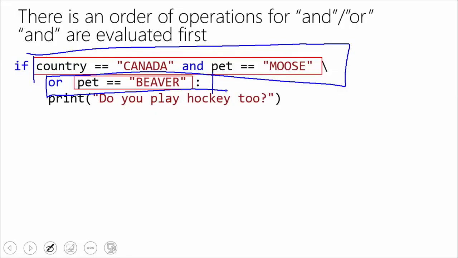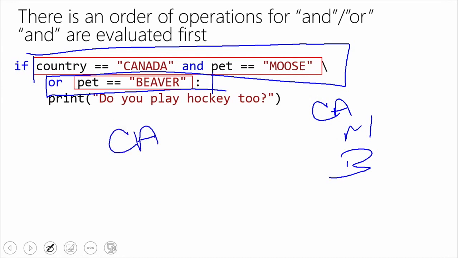Okay. So trying to make sure there's no confusion, here's what we've got going on. We want, only if you're Canada, and then again, moose, beaver. So if we put together a scenario where you are in Canada and you had a pet beaver, here's what's going to happen.